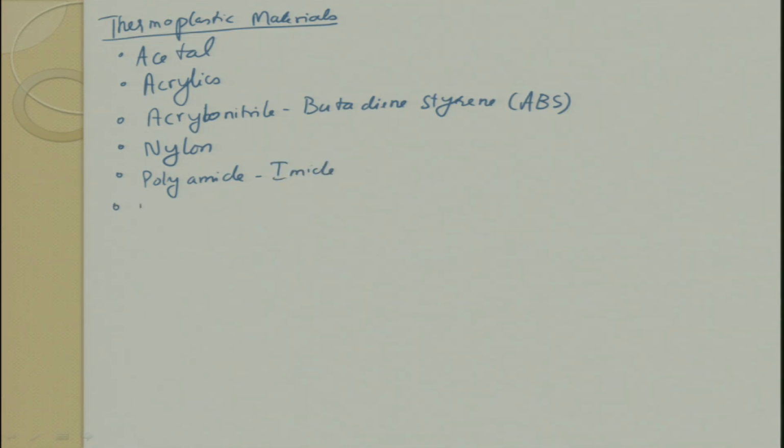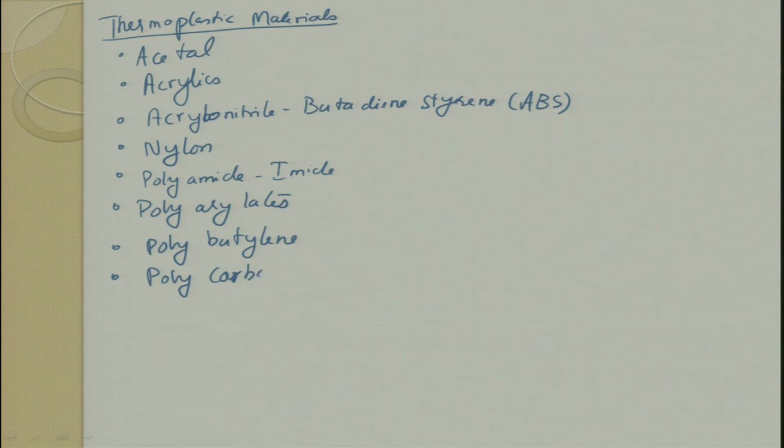So, you can also have acetylene, and then you can have polybutadiene, and then you can also have polycarbonates. These are okay. So, you can have many more to go.